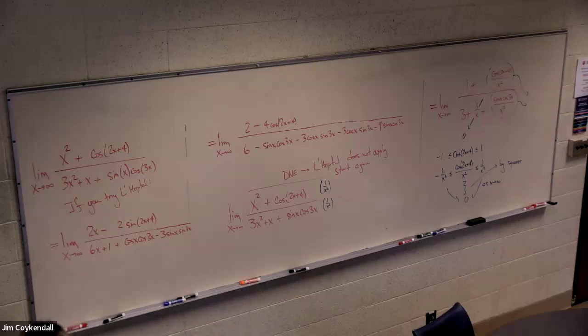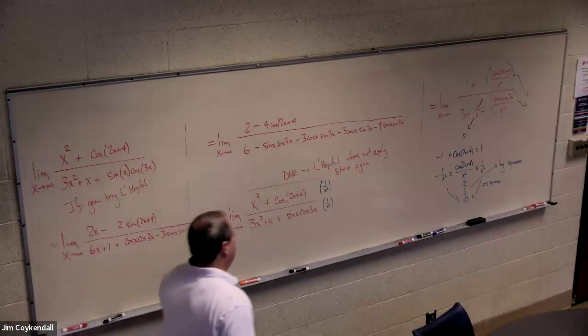Okay, what else do we got? Sure. Which one? 1B: the integral of cosine x over sine squared x plus 1, from 0 to pi over 2.